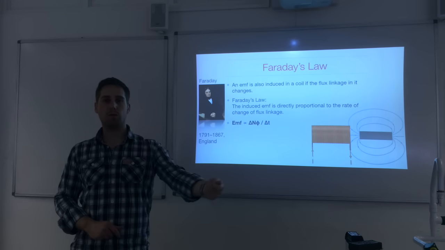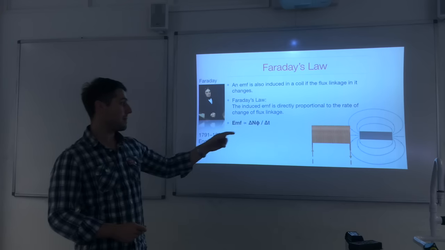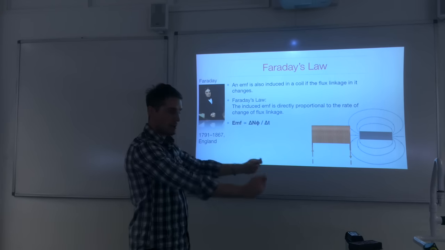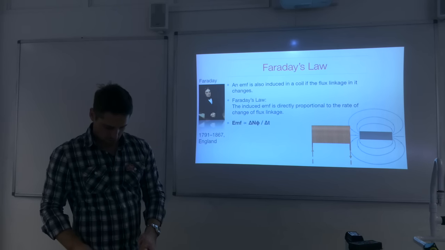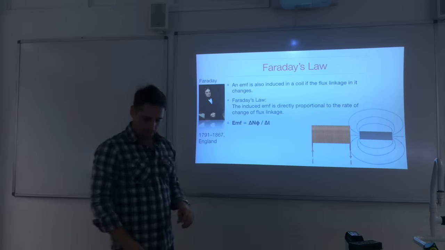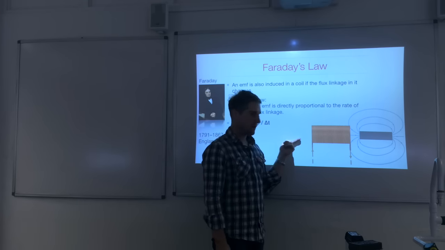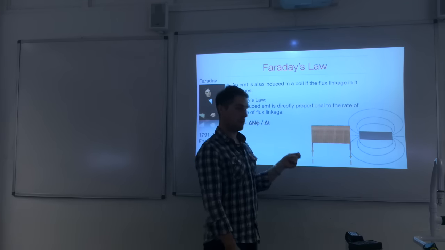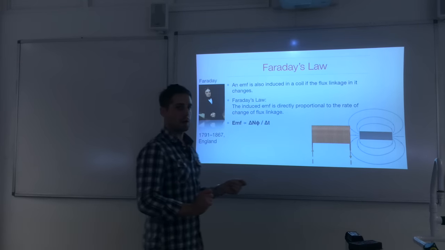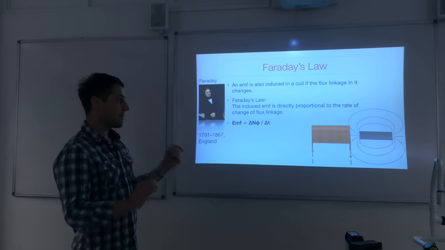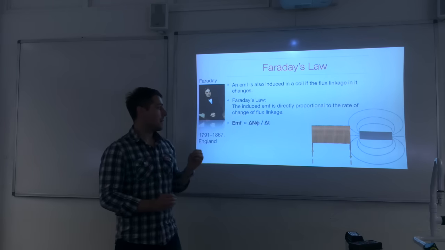So I can move the magnet through the coil, and that will induce an EMF, and if it's connected to a circuit, it'll allow a current to flow in the coil. Now you may not have noticed, but as the magnet was moving into the coil towards the midpoint, the current was flowing in one direction, and as it moved out, the current flipped direction. Okay, so the direction of the current is important.